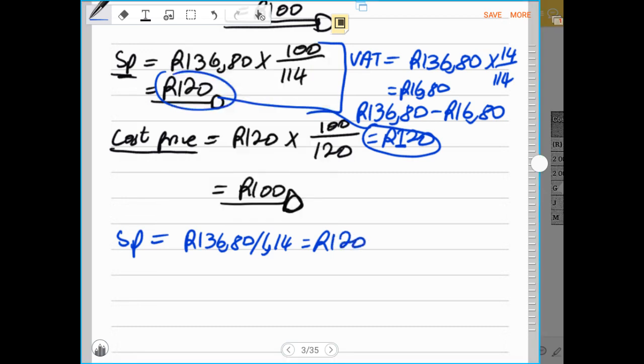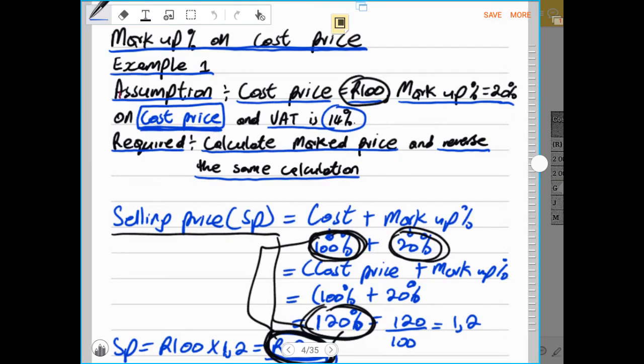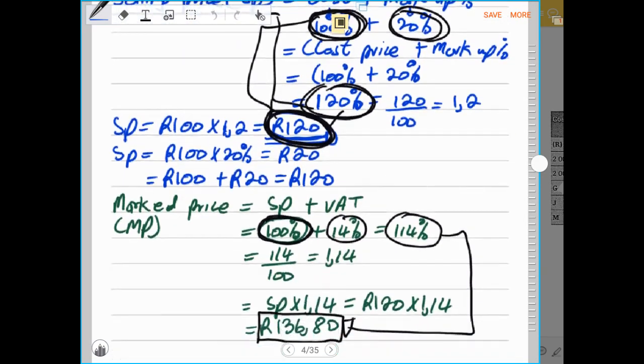How do you reverse backwards? Our selling price, we know that we added 14% to it in order to get to the marked price. So we have the right to divide by 1.14 to go backwards.